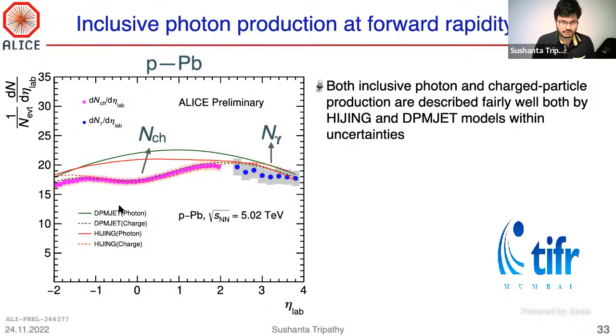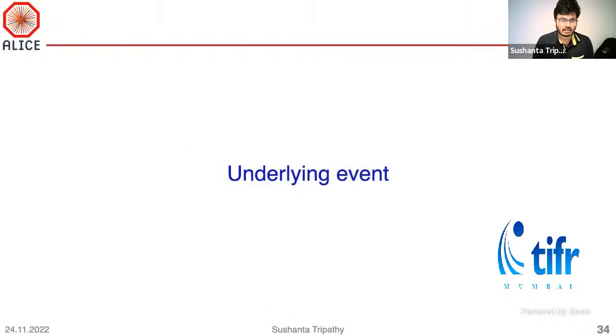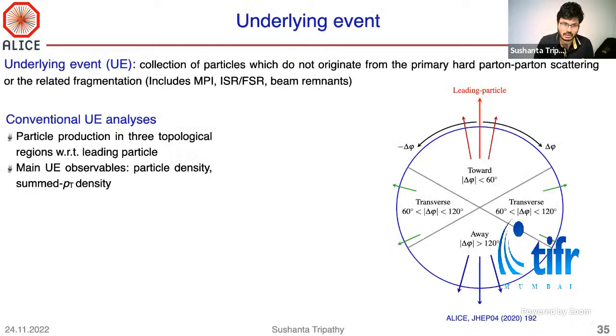Okay, so then I will move to one of the key measurements we do for global observables, the underlying event measurements. I have already highlighted this. The underlying event is the collection of particles which do not originate from the primary hard parton scattering or the related fragmentation.